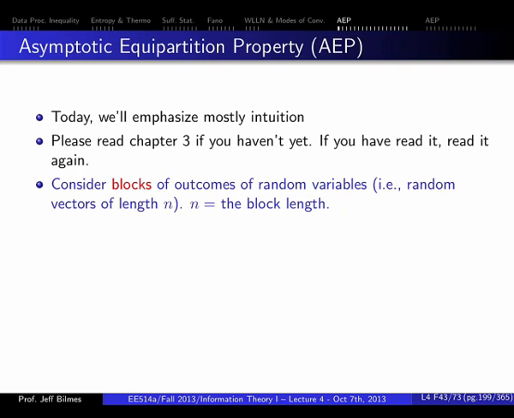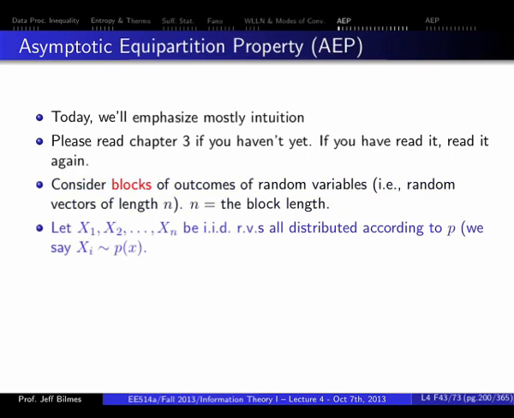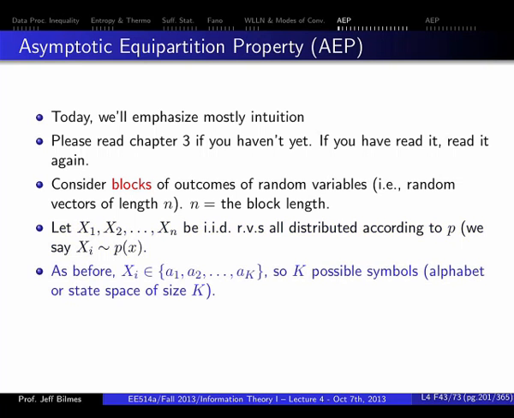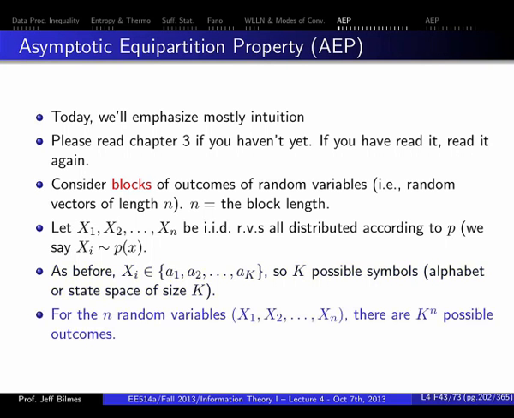And what we're going to do is partition these assignments into different blocks, meaning it's going to be these assignments and these other assignments in a particular way that's kind of interesting. So we've got IID random variables distributed all according to P. We could say they're binary or they're k-ary, so that there's k possible values. We'll be doing both. But in general, if it's binary, there's 2 to the n possible outcomes.